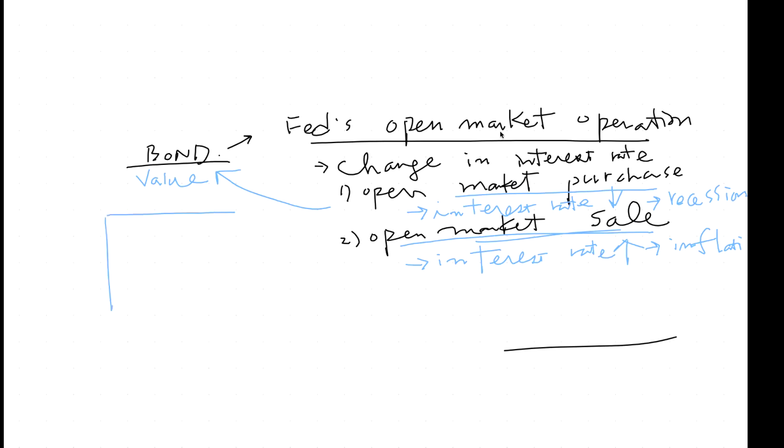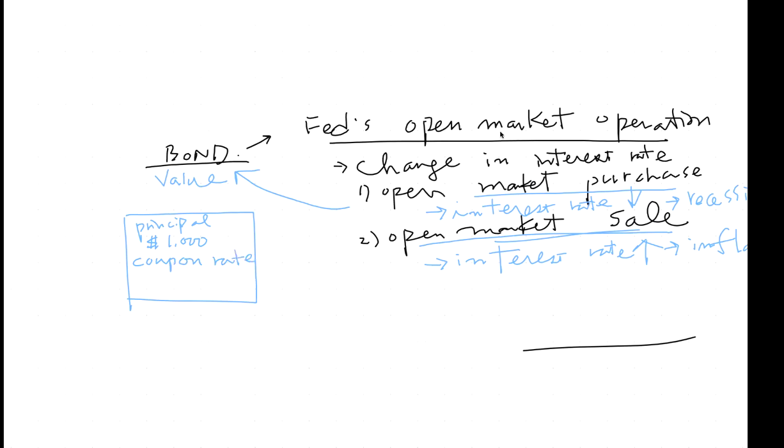The principal amount is $1,000, which means this company, Corp A, wants to borrow 1,000 from the market. And second is the coupon rate, the interest rate they pay to the lender. Since the coupon payment is $60, that is 6%.